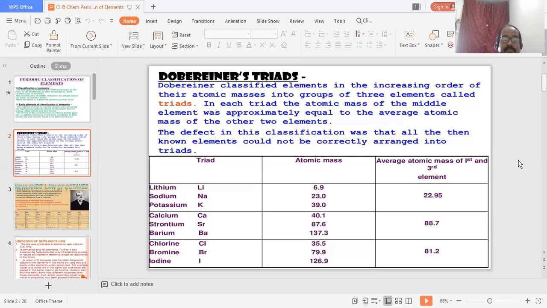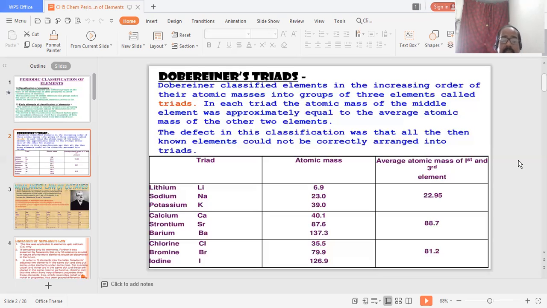But the defect in this classification was that all the known elements could not be correctly arranged into triads. At that time, many elements had been identified, but not all of them could be arranged into triads.